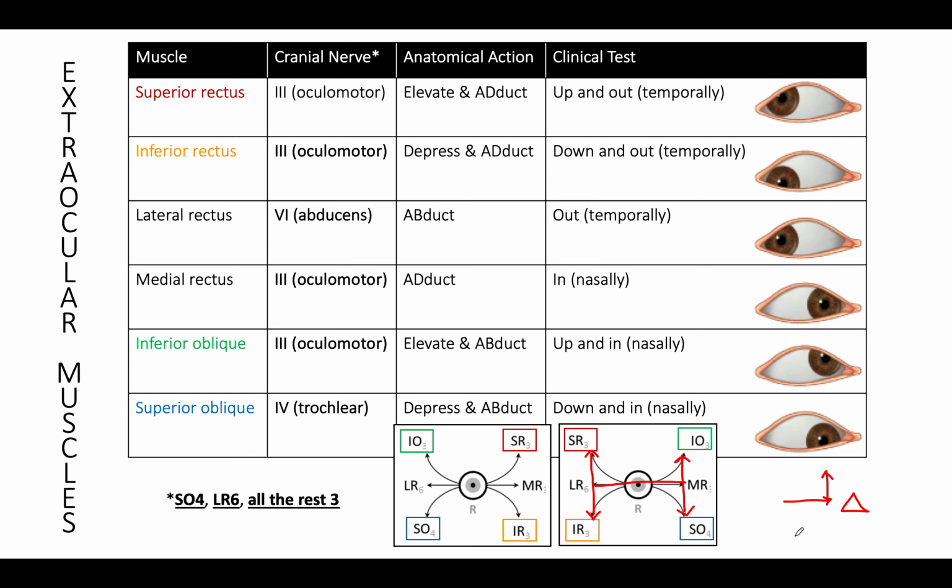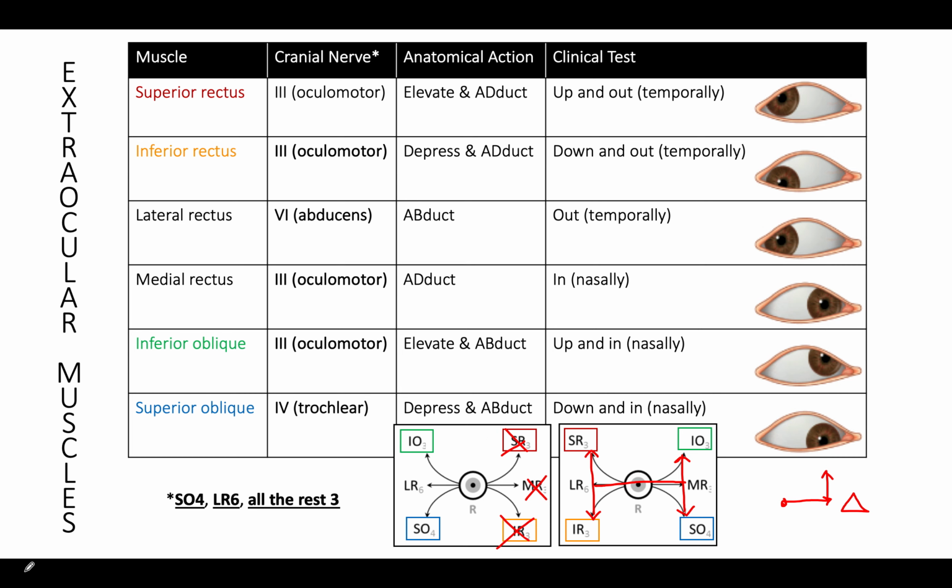Now I'm going to isolate. So the first thing I did was move and basically take out everything that's medial. So superior rectus is out. Medial rectus is out. Inferior rectus is out, because all of these muscles help me look medially. When I go up, there's only one muscle left that helps move my eye up, which would be inferior oblique.